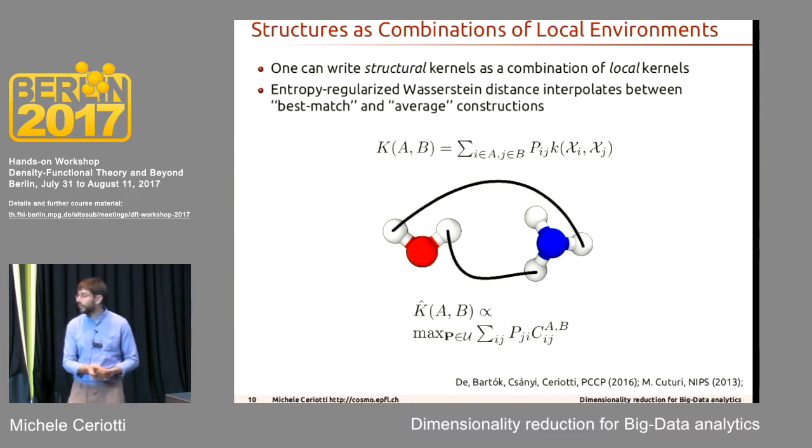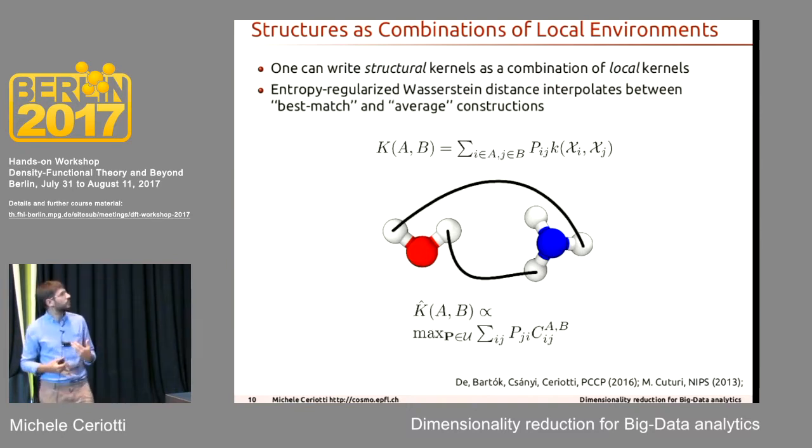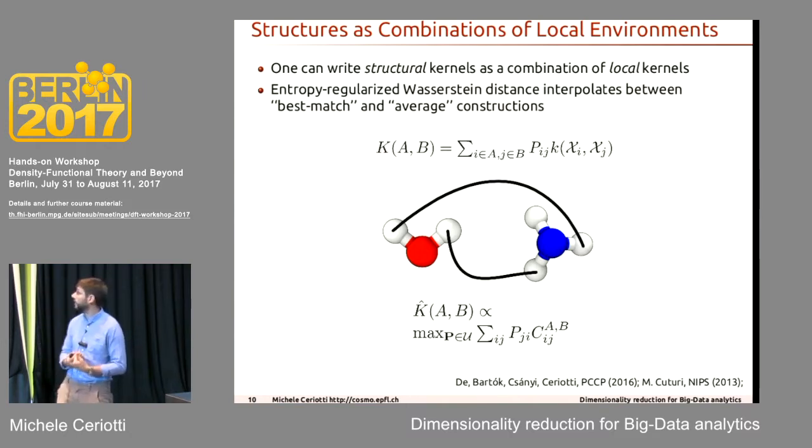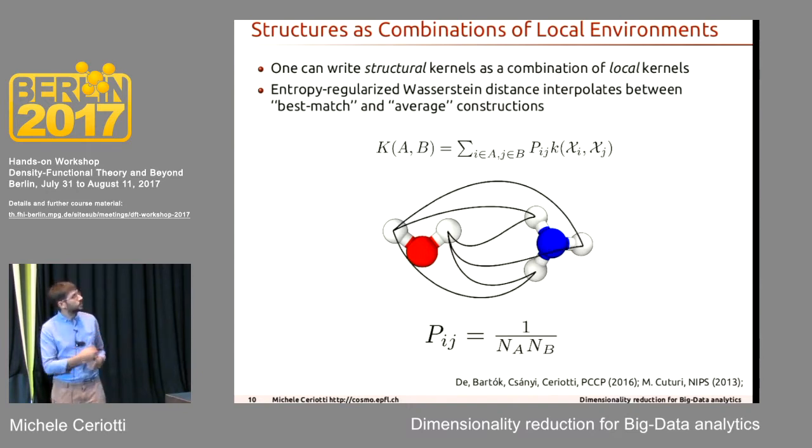And you can do this in different ways. A way that seems intuitively a good one is to try to match one-to-one the environments in the two structures and find the combination that maximizes this kernel. Another possible way, which is simple-minded but actually works beautifully, and I will explain why, is you just say, I put everything together, without caring whether the match is good or bad.